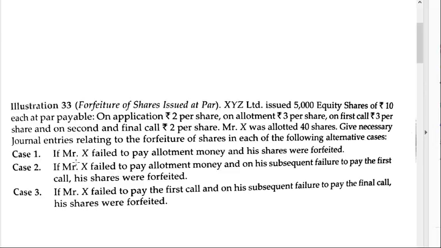Company called for the first call also. First allotment money was called. He did not pay. Then the company called for the first call also. He did not pay. After the failure to pay the first call also, then the company forfeited his shares. Right? Now, case 2.